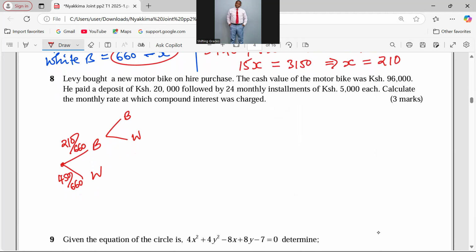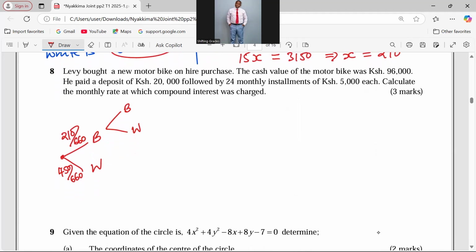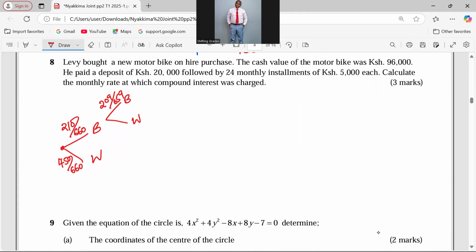Picking black the second time, we drop from 210 to 209. Let me write it as a fraction: 209 over, instead of 660, because this is the second picking and there was no replacement, 659. But picking white, when we had picked a black, the whites will not have been affected, so it will still be 450 over 659.